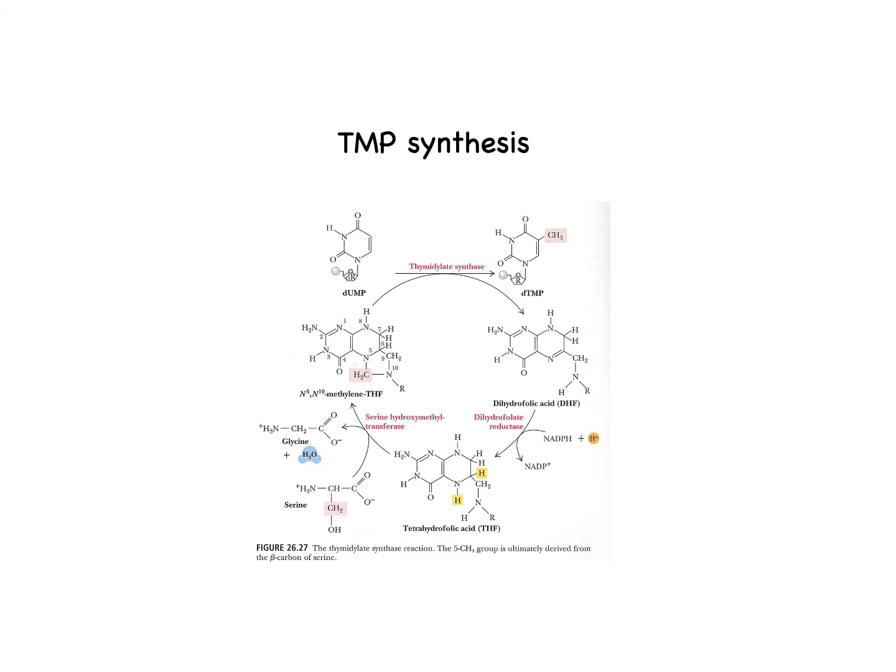It simply adds the methyl group to the dUMP to make dTMP, which we usually just call TMP because you don't ever find the ribose form of that. And the molecule that donates the carbon or the methyl group is the active form of folic acid, tetrahydrofolate, shown beneath the UMP here.